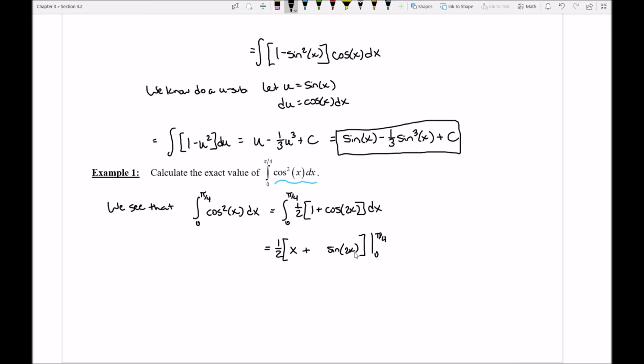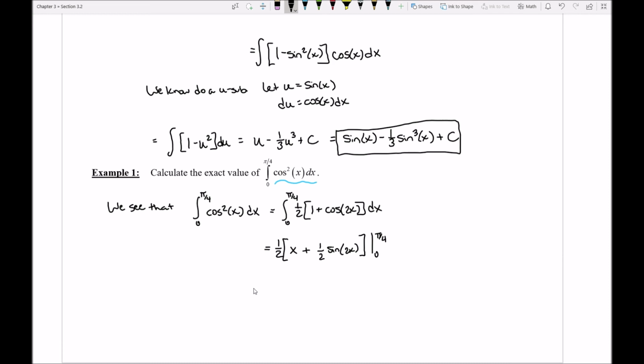But if I take the derivative of sine 2x, I'm going to get cosine of 2x, but then I'm going to have to chain rule and do it times 2. To catch that times 2 and stop it from appearing in the front, I can just kind of front load this with a 1/2. Now notice that when that times 2 pops out, it's going to cancel out with the 1/2, and I'll just be left with a cosine of 2x. Notice then that's a very, very simple and quick way to try to go ahead and find that antiderivative.